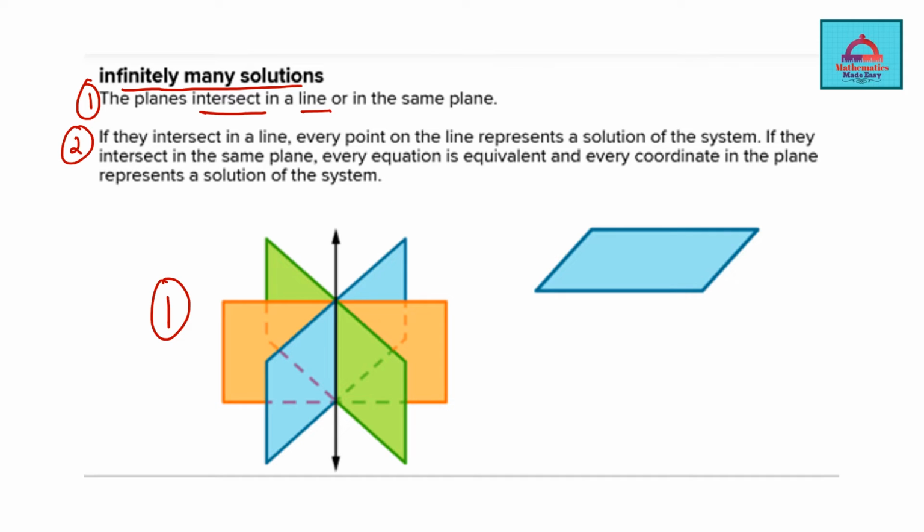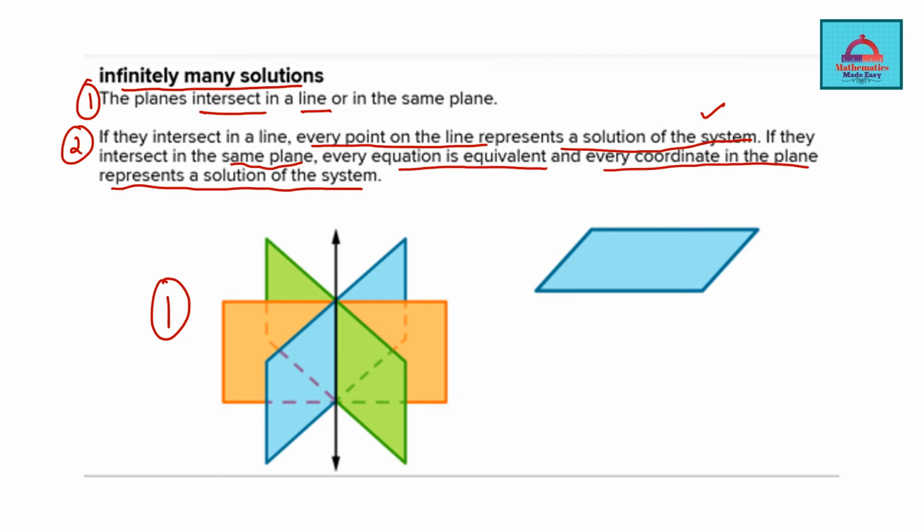The second case which is possible is that each of the 3 equations represents the same plane, meaning they are coincident. All the 3 planes, orange, blue, and green here, are the same. So every equation is equivalent and every coordinate in the plane represents the same solution.